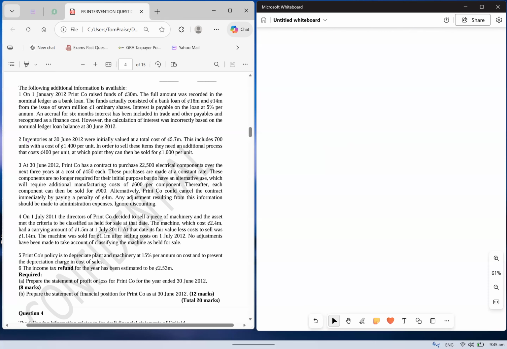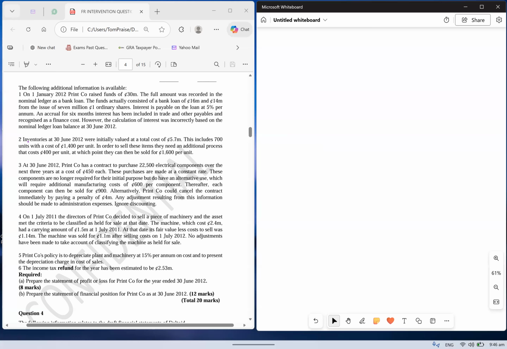When you issue shares and you get money, that money doesn't go to loan. Where does it go? When shareholders give money to the business, what is it called? Money given by the owners of a business into the business.